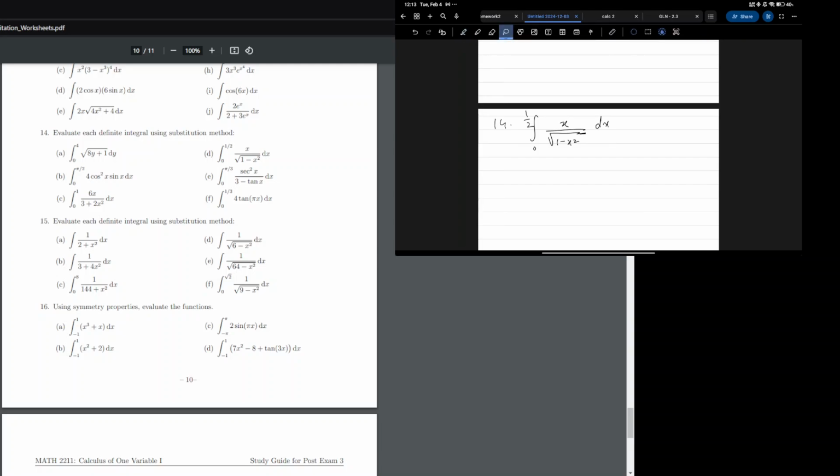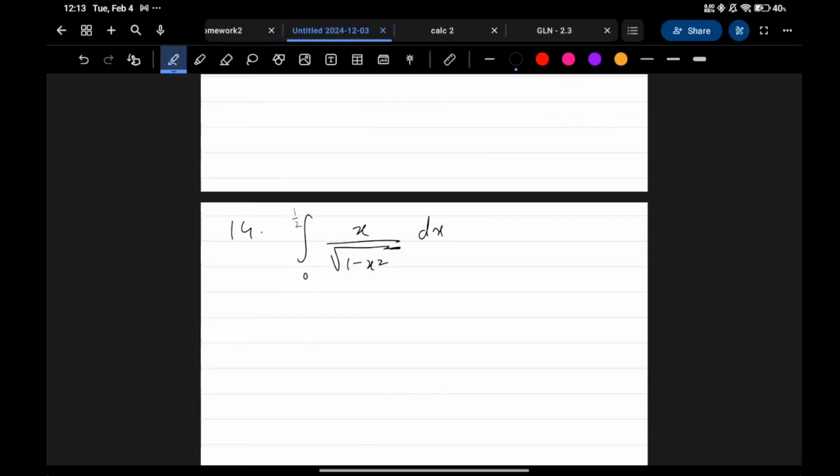Now, thinking intuitively, what do you think I should take my t as? Any guesses? 1 minus x squared. Perfect.